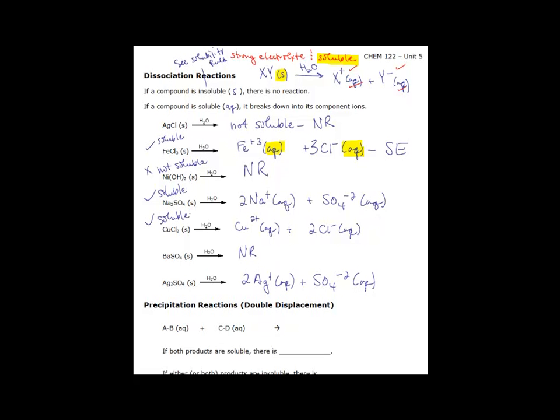So it will ionize. Copper 2 plus and 2 chlorides. Barium sulfate is not soluble. So you get no reaction. And then silver sulfate is soluble. So you get it breaking down into its component ions.